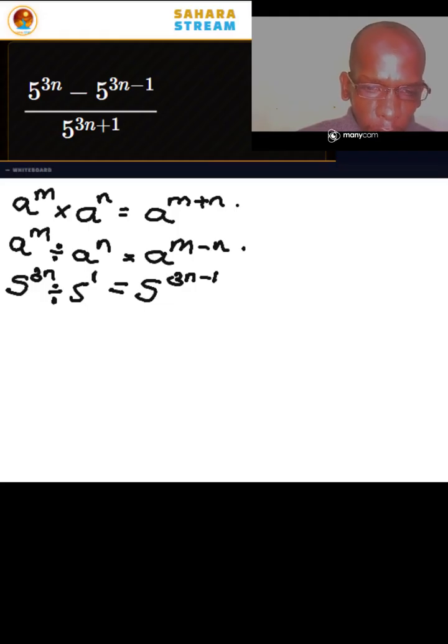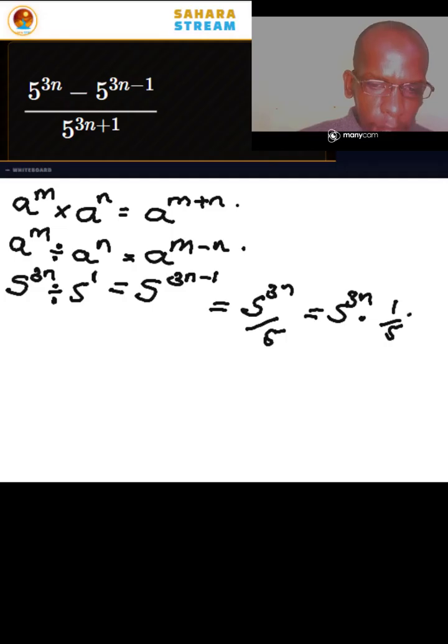So now we have 5 raised to power 3n, then divided by 5 raised to power 1, and 5 raised to power 1 is just 5. So now it becomes 5 raised to power 3n divided by 5, which is the same as 5 raised to power 3n multiplied by 1 over 5.